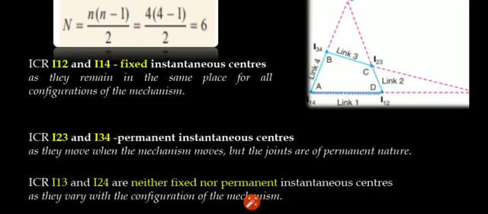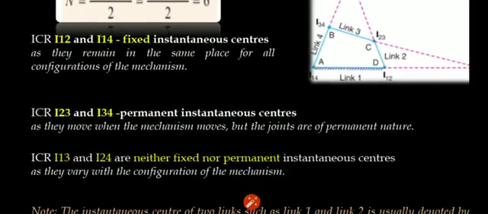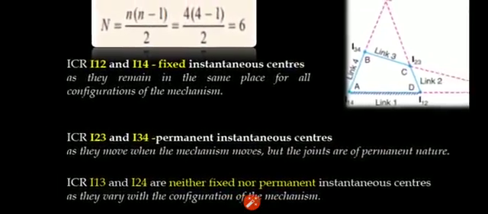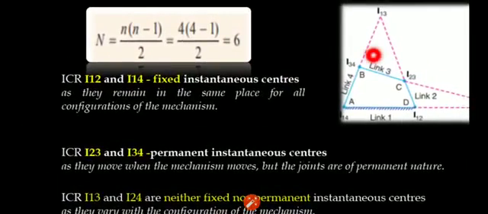So what is a permanent instantaneous center? These instantaneous centers move when the mechanism moves, but the joints are permanent in nature. When the configuration of the mechanism changes, their location is always at a pin joint, that is, the pin joint of link number 2 and 3 and link number 3 and 4.